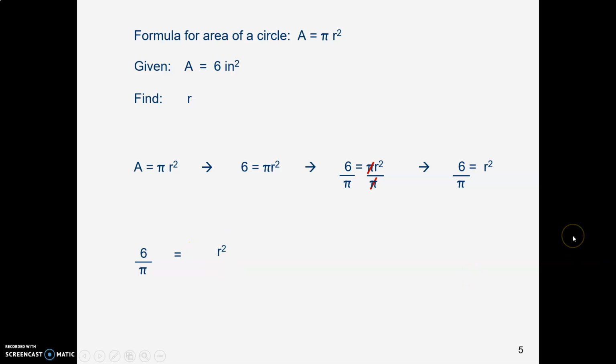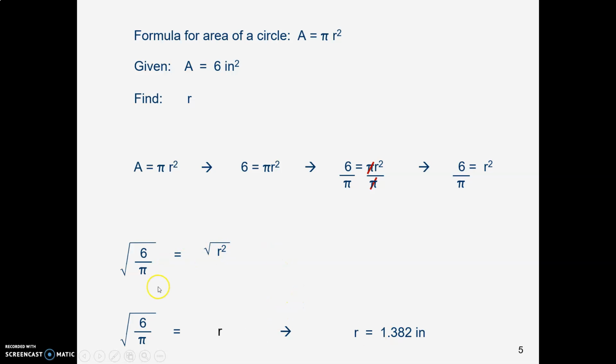And as long as we do the same thing to both sides, they are still equal. So we will take the square root of 6 over pi and the square root of r squared. Square root of 6 over pi equals r. And if we punch that into our calculator, we'll find out the number for r happens to be this number in this case.